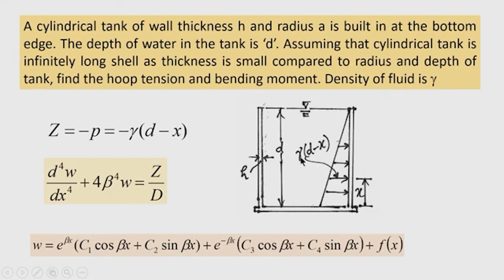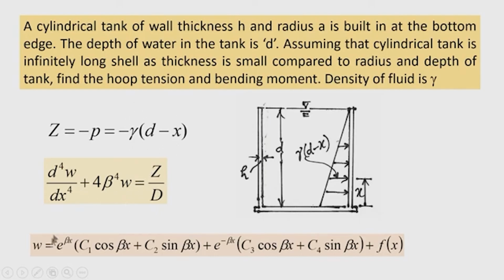So, gamma into d minus x will be the pressure at this level, and the variation of the pressure, you can see, is linear hydrostatic pressure. The governing differential equation of this shell now can be written as d to the power 4 w divided by dx to the power 4 plus 4 beta to the power 4 w equal to minus gamma into d minus x by D. Instead of z, we can substitute this quantity.